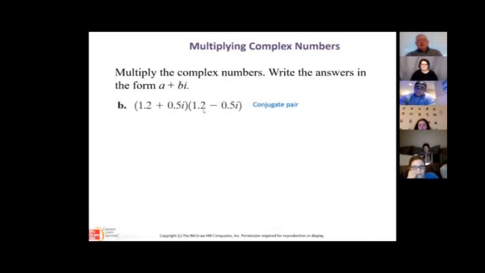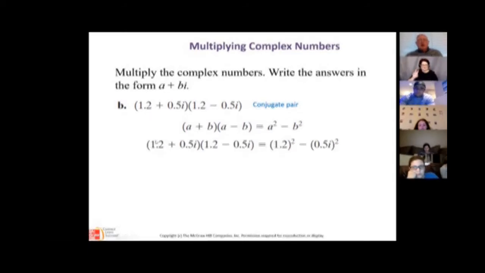If we look closely at these two values, we have a conjugate pair. We have the same first term and the same last term. Because that's the case, we can use this rule C off of my handout, and our answer will become this form right here. So we're going to take the first term and square it right here.